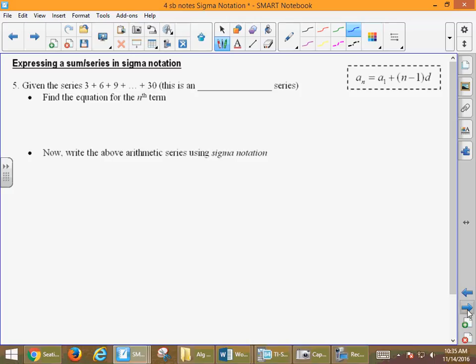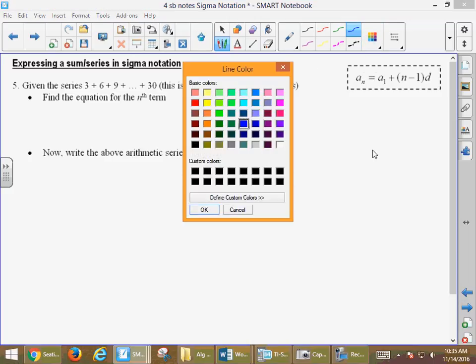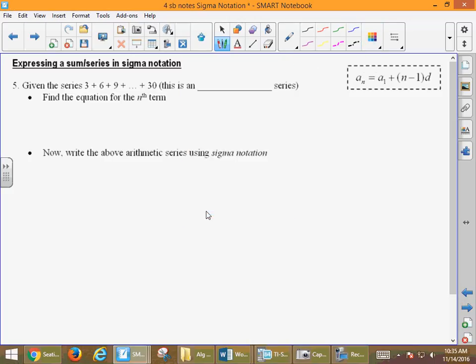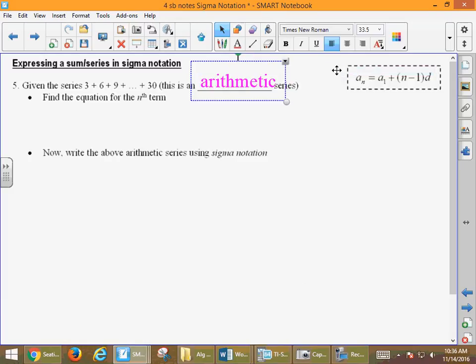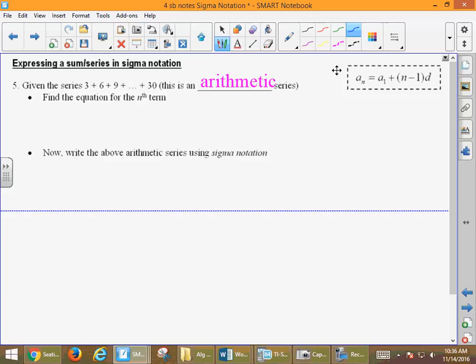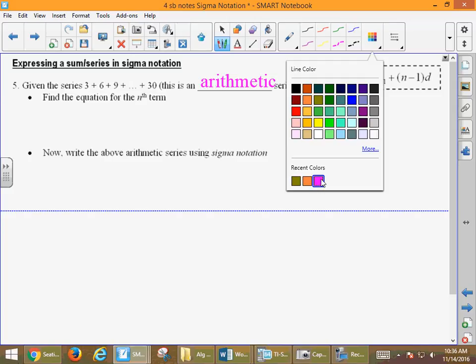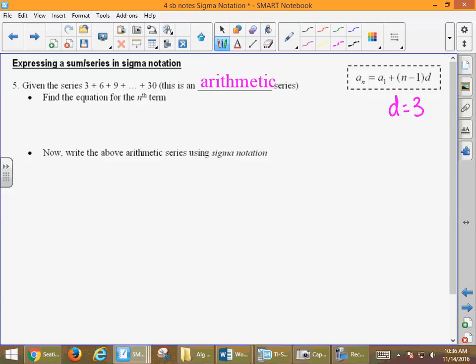Well, it happens to be arithmetic. If you look really close, 6 minus 3 is 3, 9 minus 6 is 3, with a common difference of 3. And our first term here is also 3.